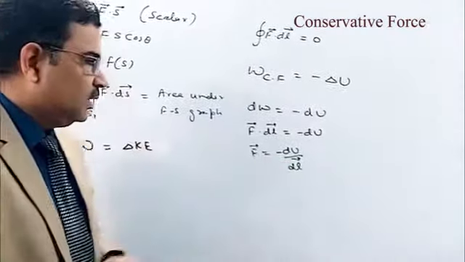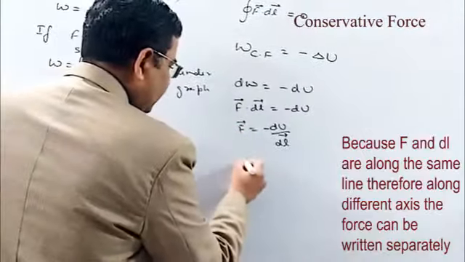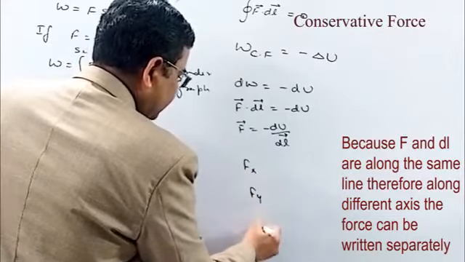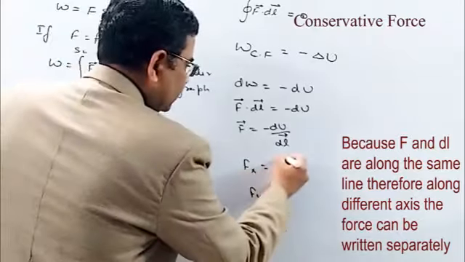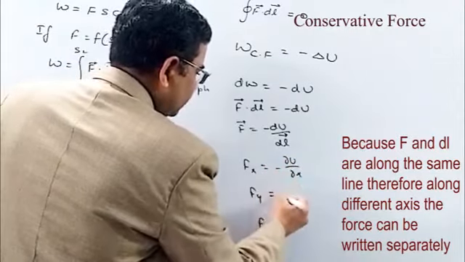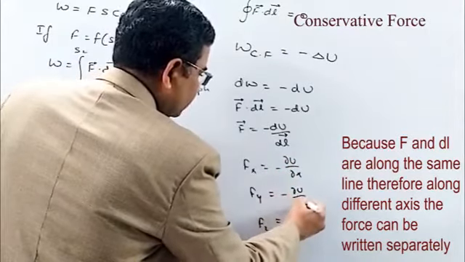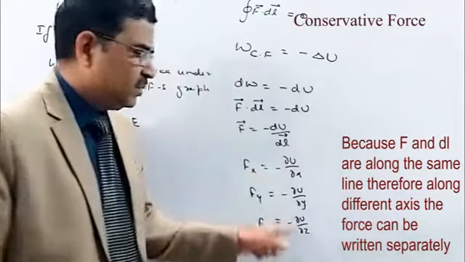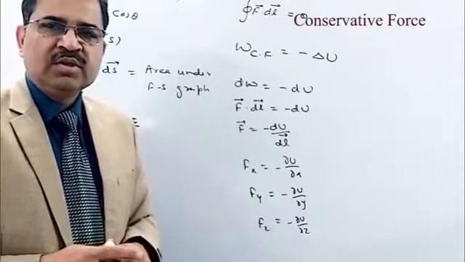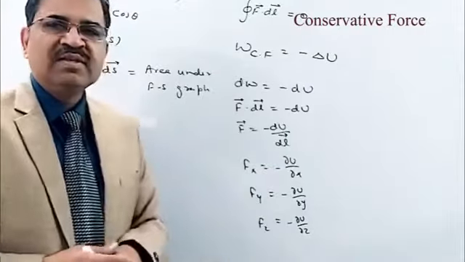Using this formula, I can write Fx, Fy and Fz, the three components of the conservative force, as minus del U by del x, minus del U by del y and minus del U by del z. Now this shows the partial differentiation of the potential energy with respect to x, y and z coordinates.